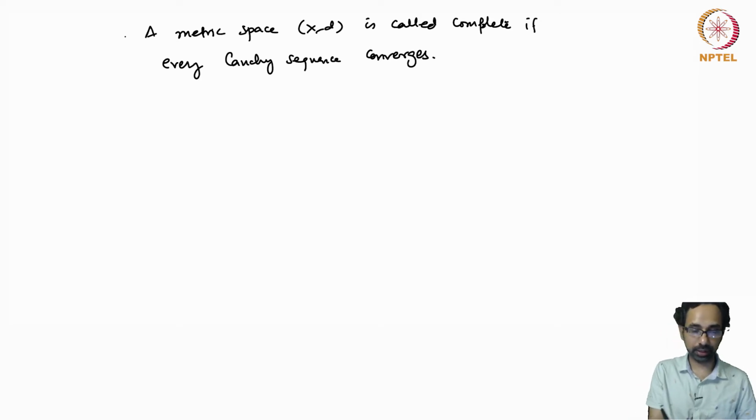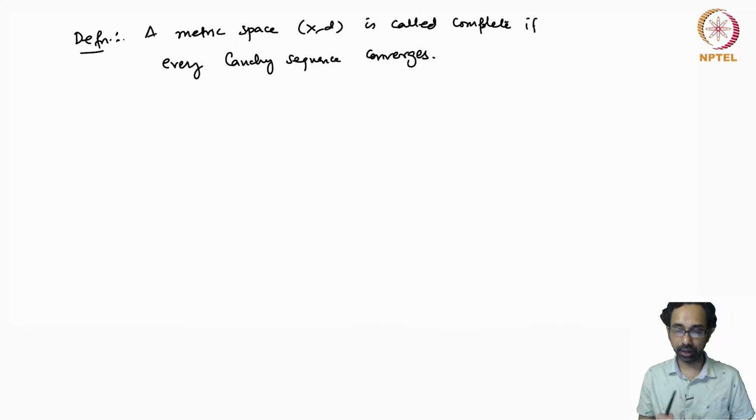So this is the definition of a complete metric space, and what again this means is that if you have the tails of the sequences becoming closer and closer to each other, then there will be a point to which the sequence converges.